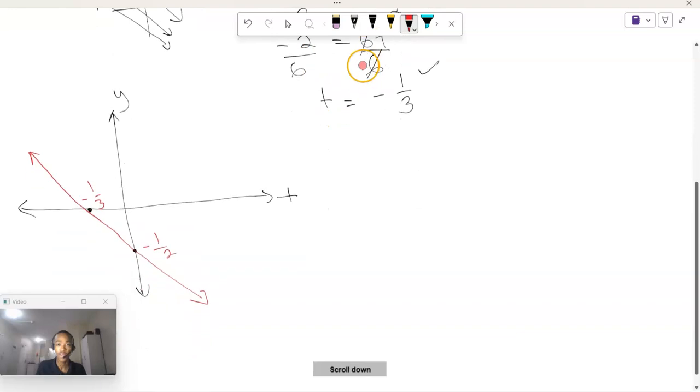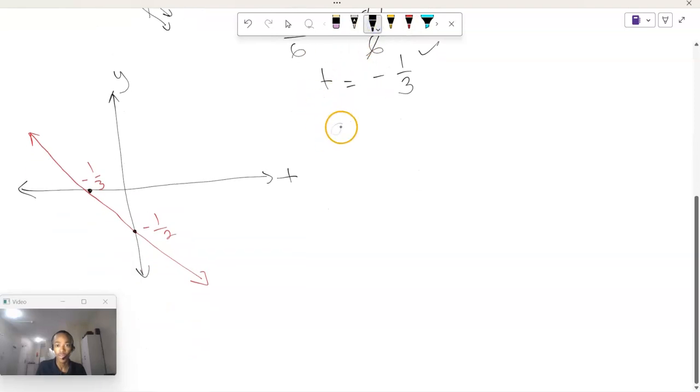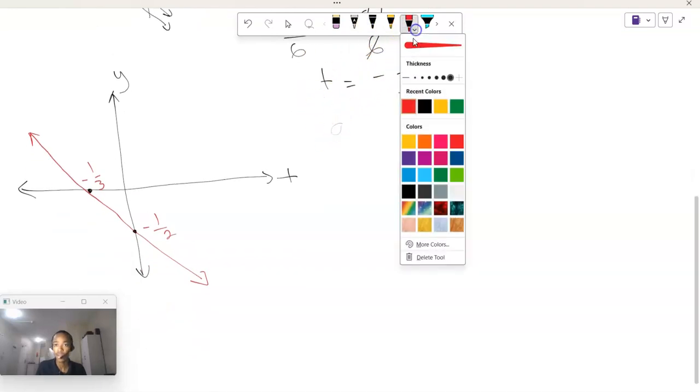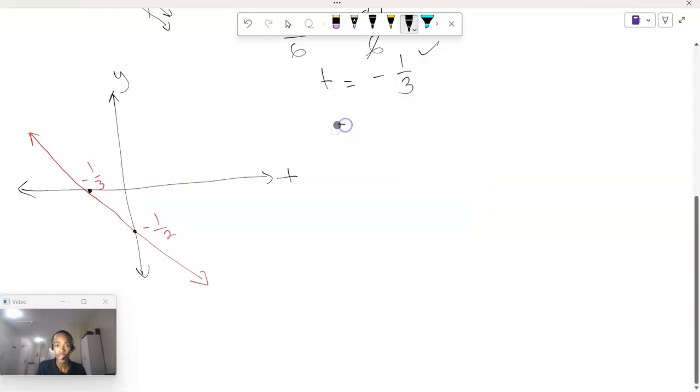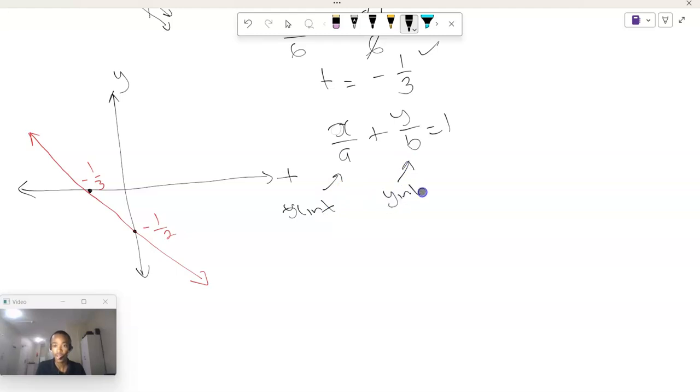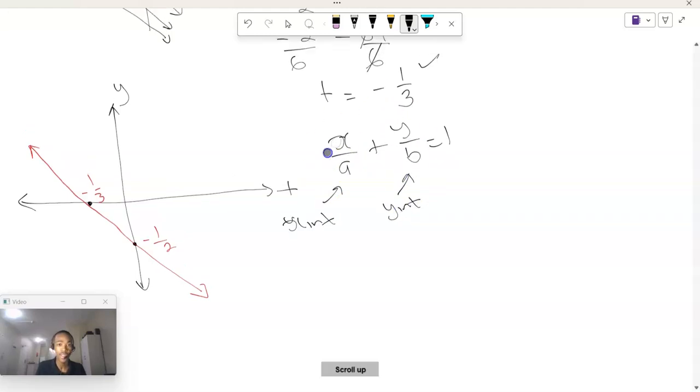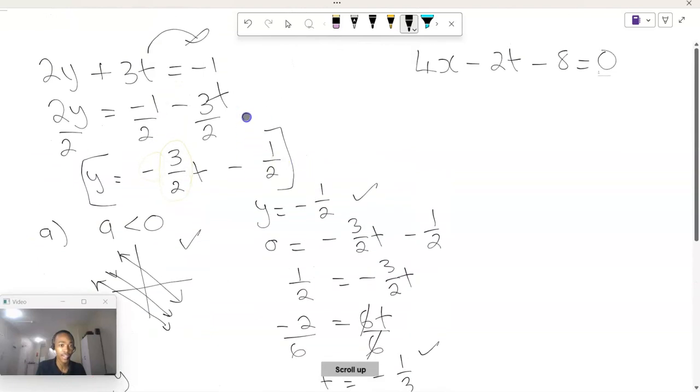Then of course, if you want to use another formula, this one right here, x over a plus y over b is equal to 1. Notice that this here is the x-intercept and this is your y-intercept. So let's try to manipulate the equation to look like that.